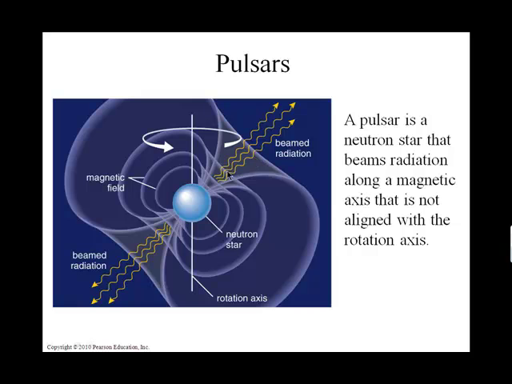And then out of the magnetic poles, there are beams of energy going in both directions. So as this neutron star spins on its axis, that beam of light swings around, okay? And if we are in the path of it swinging around, then we see it blip on and off, on and off, on and off.